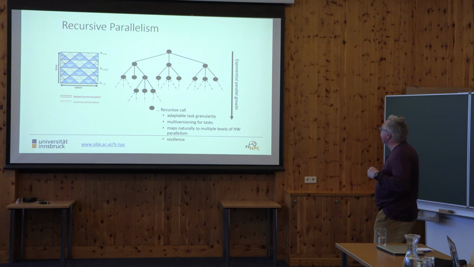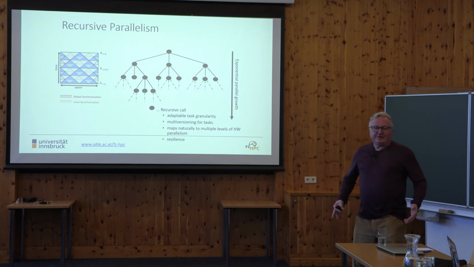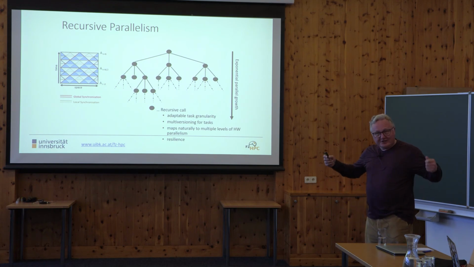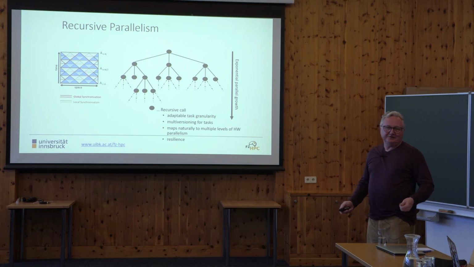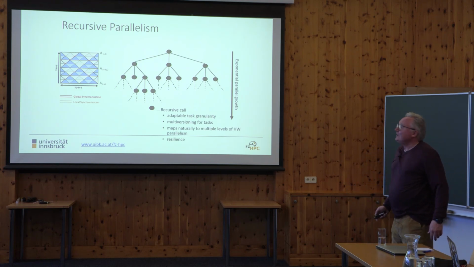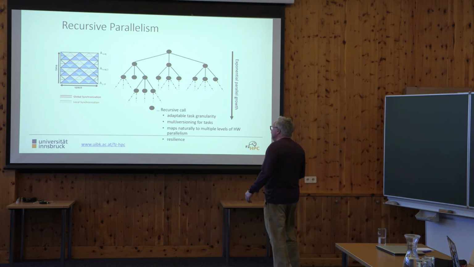The other thing that's of course interesting, if you work with recursions and need a lot of parallelism, is the exponential explosion. You generate tasks really fast. If you have a big machine with this technique, you probably have enough tasks to fill a large parallel computer. The other interesting thing is adaptable task granularity.